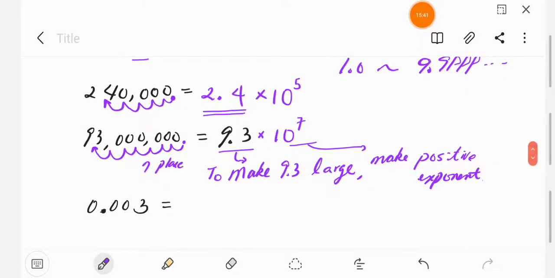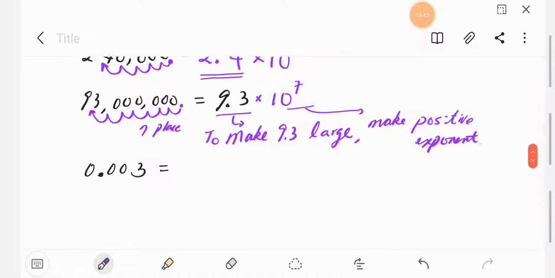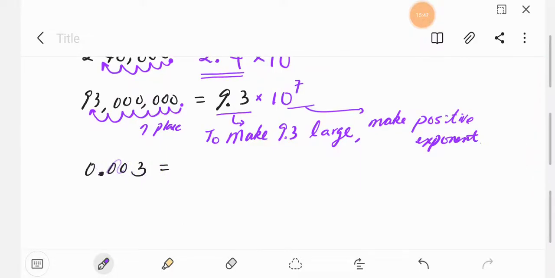Alright, how about this example? 0.003. So the scientific notation for this is, okay, we want to move this decimal point all the way to the first non-zero number. So after this number 3, 1, 2, 3. So we're moving 3 places, right? Places to the right. So the number should be 3.0 times 10 to the, how many places did you move? 1, 2, 3, right? 3.